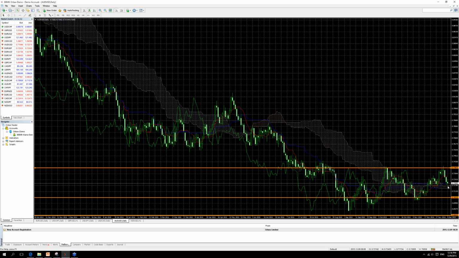And then here, the Ichimoku cloud is creating a zone of uncertainty. And a break below the Ichimoku cloud will again raise our potential of being able to reach our target of 0.70.